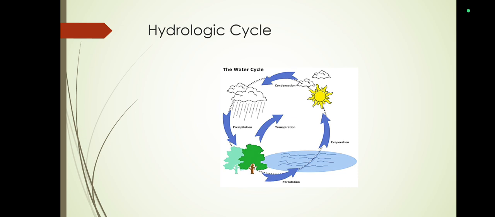Now, the hydrologic cycle. This is a schematic diagram of the hydrologic cycle. So, what is the basic definition of the hydrologic cycle? We all know that water occurs on the earth in three forms: liquid, solid and gaseous, with different degrees of motion.